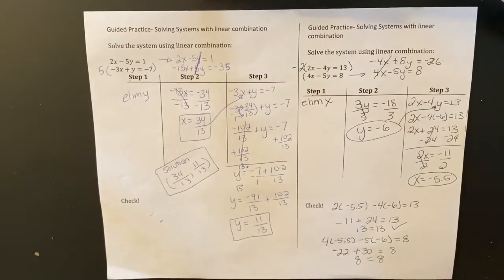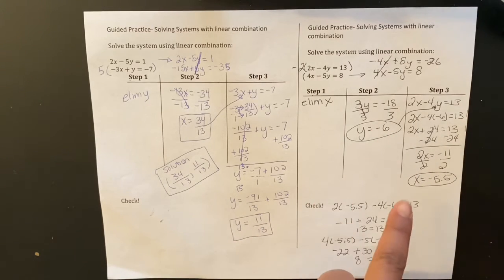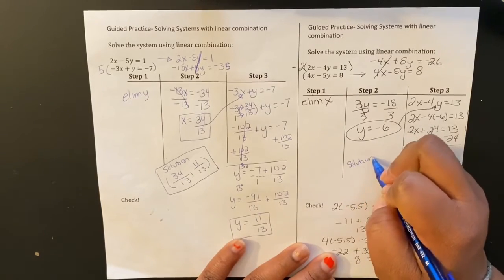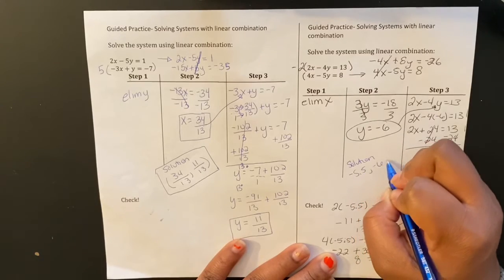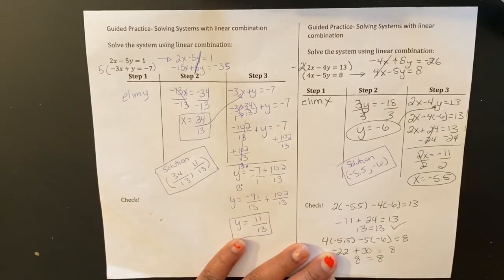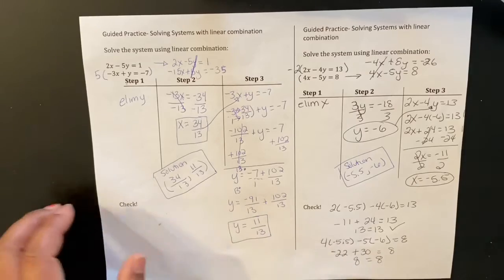If you did, that's just fine because there are many options you can choose from, X or Y. That would change the work that's here, but it should not change the answer. So here, this solution would be negative 5.5, negative 6. Your work might look different, but the answer should look the same.